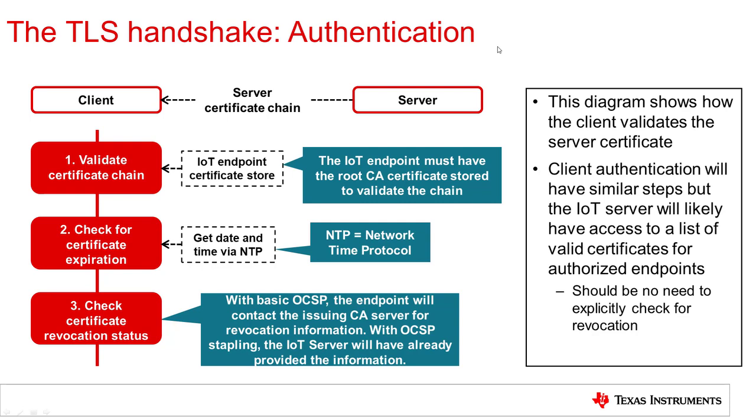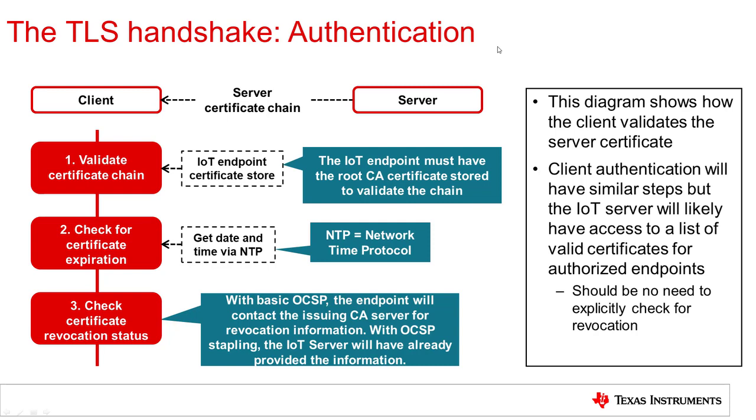So in the next step, the server will encrypt some data that the client knows about with its private key and send it to the client. The client will then decrypt it and match it with its version of the data. And if these match, it now knows that the server does in fact own the private key associated with the certificate and can be trusted.